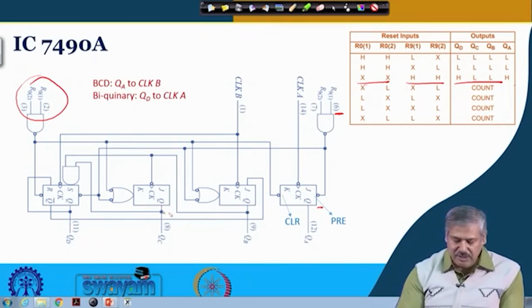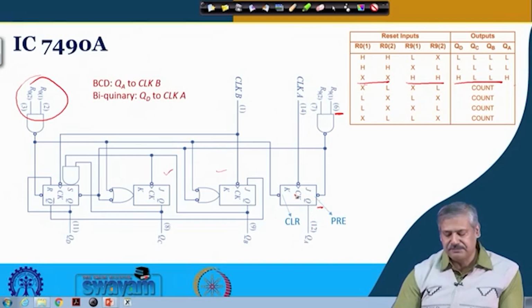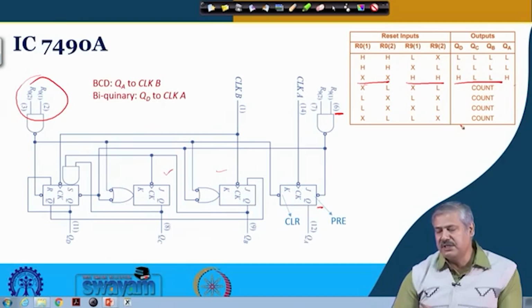All of them have a preset and clear input. These two are not required because they will only get the clear value 0. These two flip flops have both preset and clear, so 9 will get loaded, right.